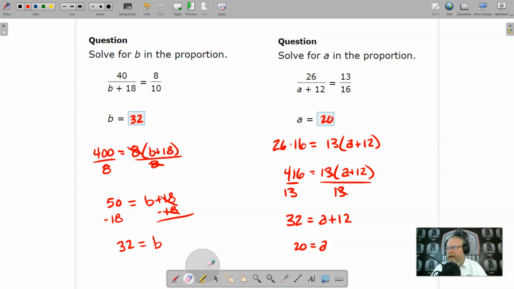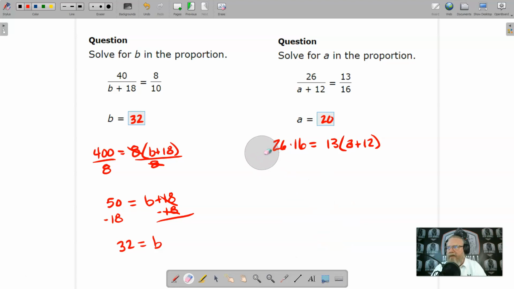So if you're wondering what I was thinking about up here, a little shortcut that I was thinking about taking was taking this 26 and thinking of it as 2 times 13, right? I would have done this mentally. And I would have thought, okay, divide by 13s, right? If I divide by 13 on each side, then the 13s will cancel each other.